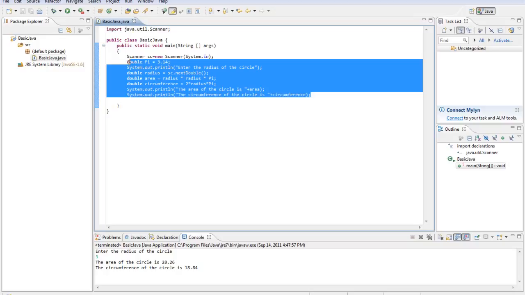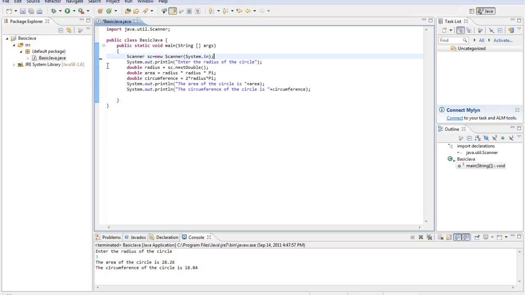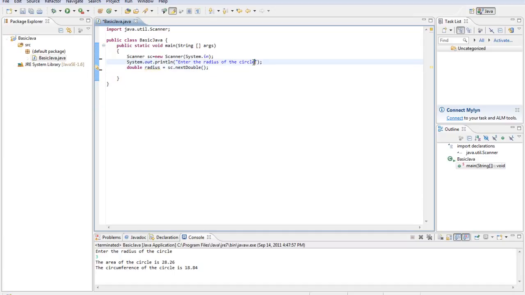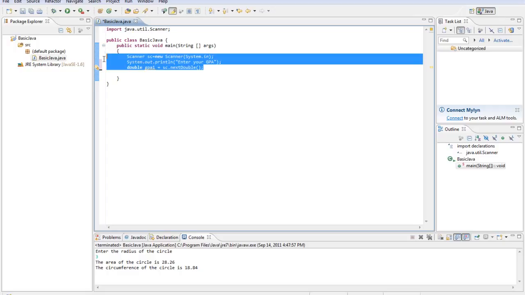We can also do just basic addition and stuff, and I'll show that real quick. We'll get rid of these, so we don't need that. And get rid of that, and we'll just do two people's GPA and compare them. So enter your GPA. Double GPA1 equals sc.nextDouble().